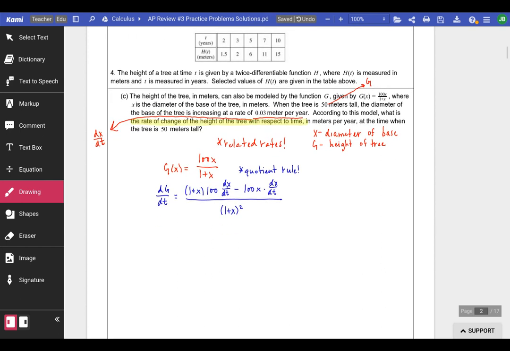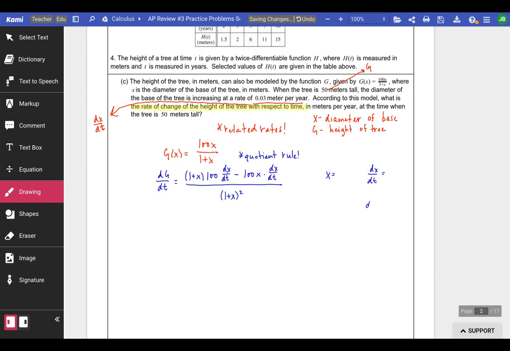All right, so let's see what quantities we need here. We've got x, I've got dx/dt, and a dg/dt. Now we want the rate of change of the height of the tree with respect to time. That tells me dg/dt is our unknown. We identified our dx/dt.